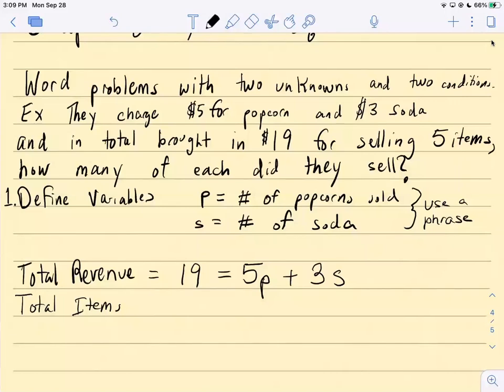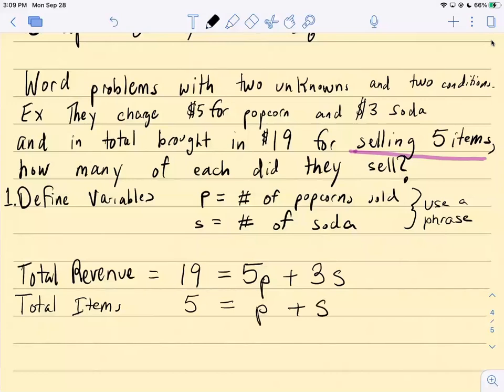So we can't do anything to simplify this. But what equation could we write to represent the total number of items that was sold? We haven't used that information yet. Isn't it just 5 equals S plus P? Exactly. And I'm going to write P plus S, but that's the same thing.